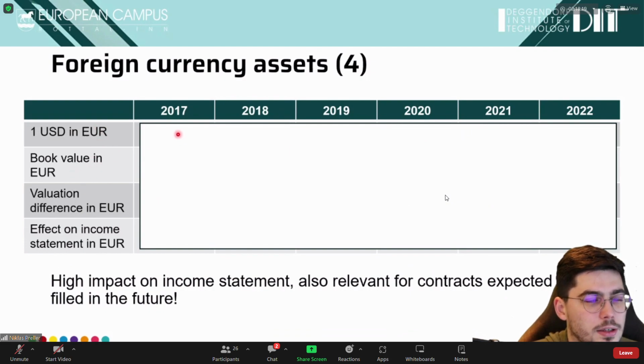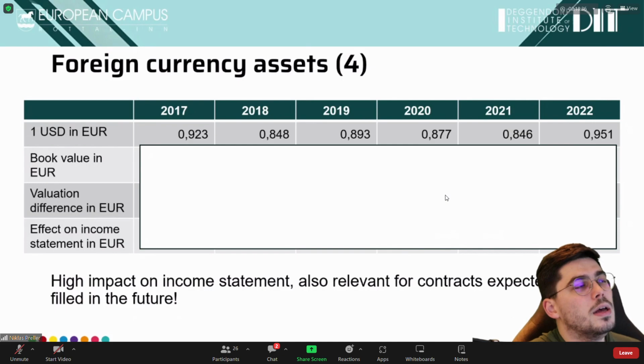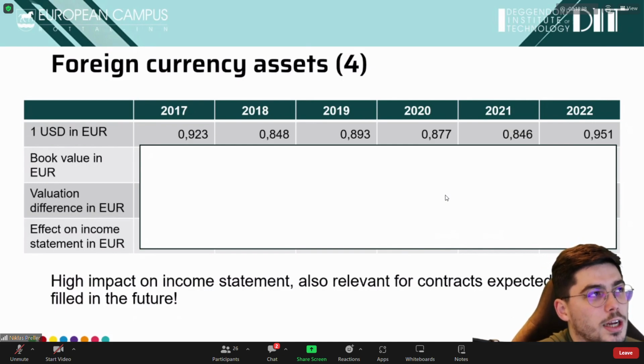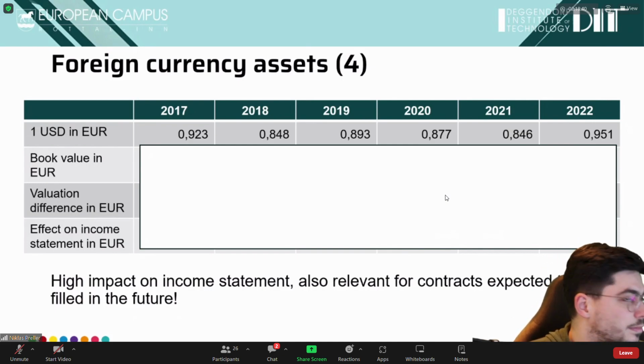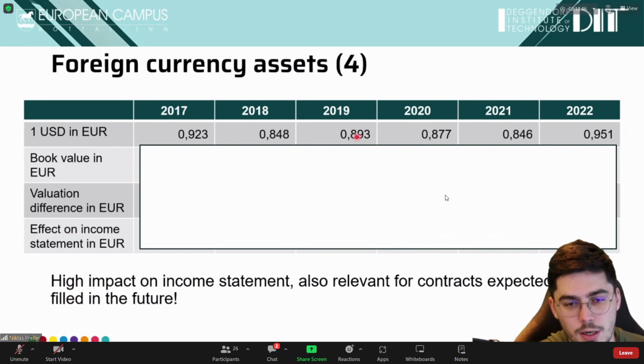So this is the exchange rate. Just a second. There we go. So you have the exchange rates here. We have 10 million dollars in our bank account.